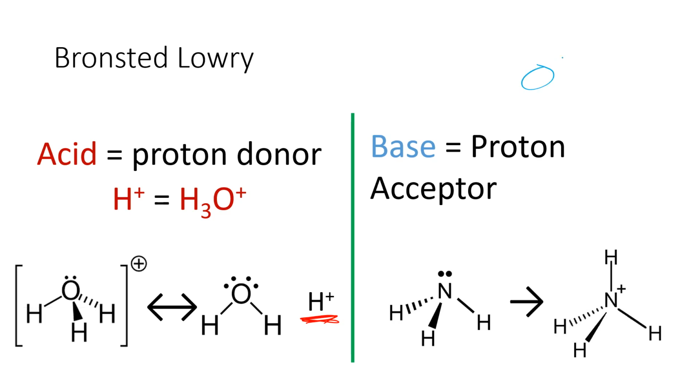The beautiful thing about OH minus is that it's capable of grabbing an H plus and becoming water. That's very simple. But what about nitrogens? Nitrogen has a lone pair. There's no reason an H plus can't just park on there and hang out. And that would make this a base. So anything that can suck up an H plus would be considered a base. Anything that can release an H plus would be considered an acid.